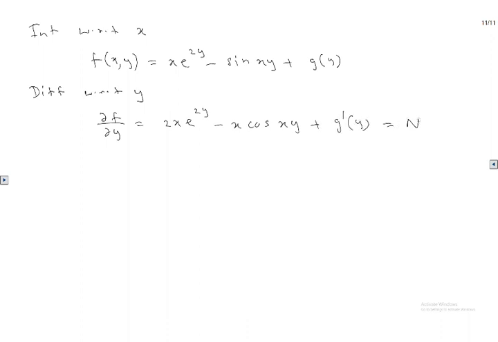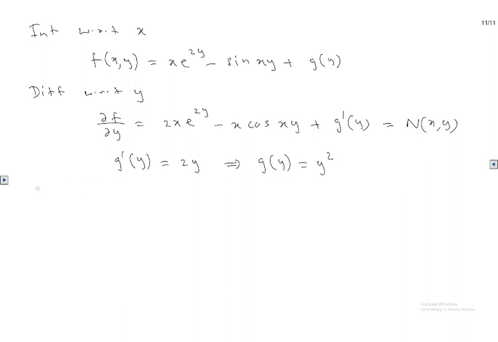You set this equal to the n function. Once you compare with the n function, you see that g prime of y has to be 2y. It says that g of y equals y squared.